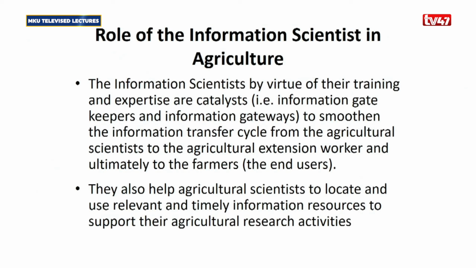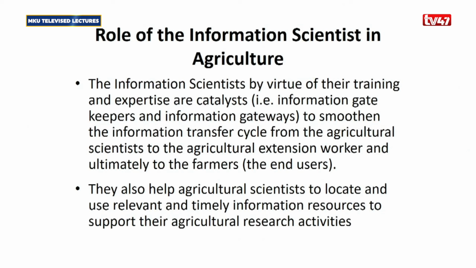Now, these gatekeepers smoothen the information transfer cycle from the agricultural scientists to the agricultural extension workers and ultimately to the farmers. The information that comes from agricultural research is very complex. The farmer cannot understand it, and if they cannot understand it, they cannot apply it.